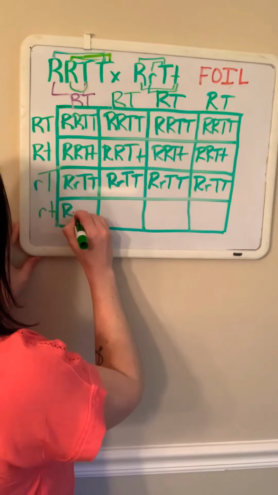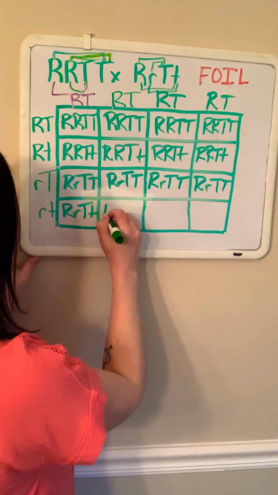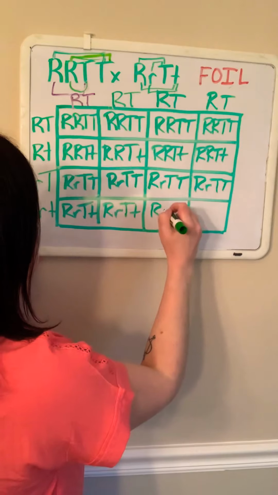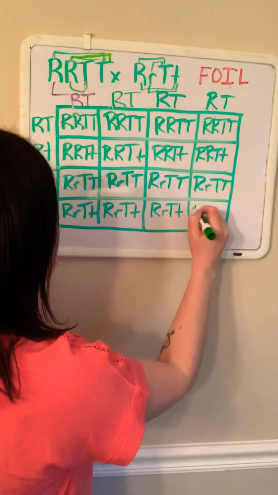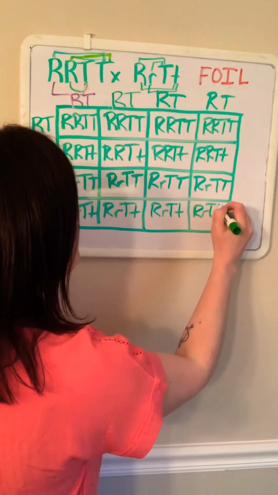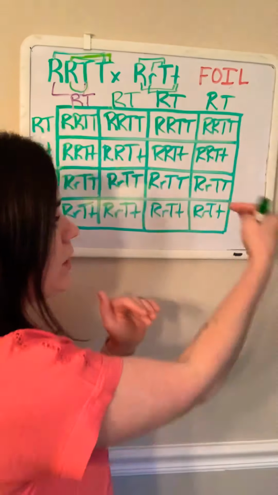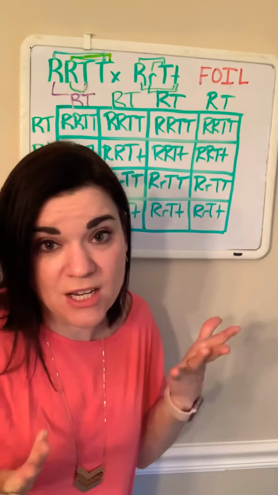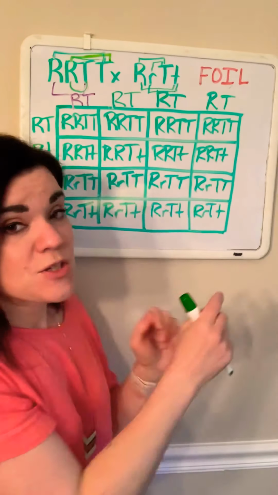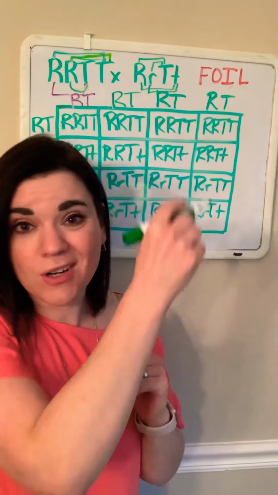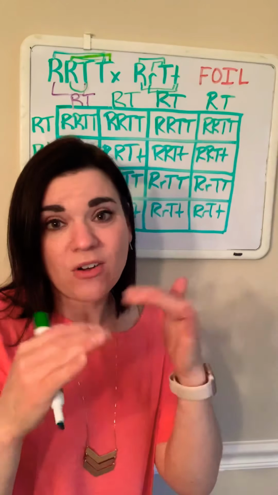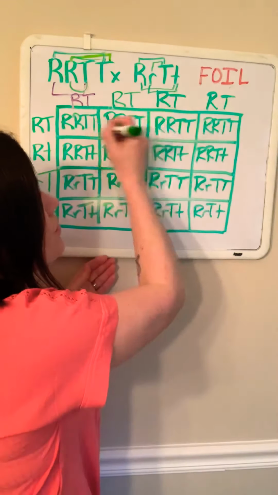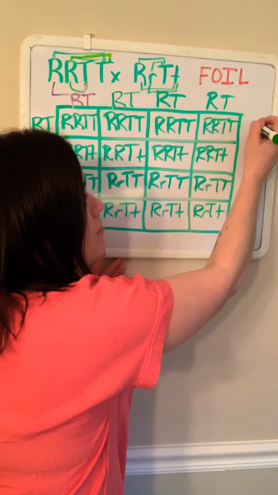Okay, and then this last row looks like it's all the same. Big T, little t, big T, little t. It's not always going to work out like this where all of these have the same genotype. Just letting you know. So in the 16 square Punnett square, you're going to have to search through and find all the different combinations. It just so happens with this cross, this whole row is the same.